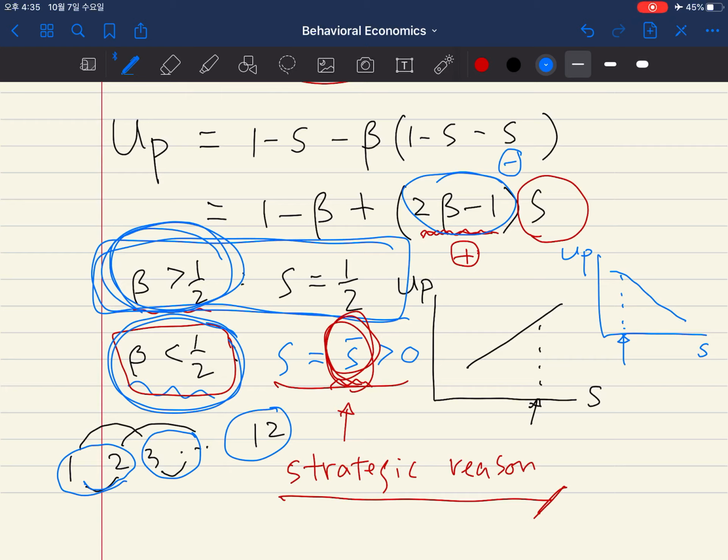As they interact with each other, maybe in the beginning they don't know what type of person the other person is. Does he really care about inequality, or doesn't he? In the beginning, maybe they don't know. But as they play for many rounds, they can get some clue about the type of the other person. Then over time, it is possible that they adjust their behavior.